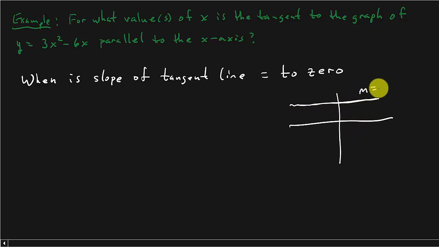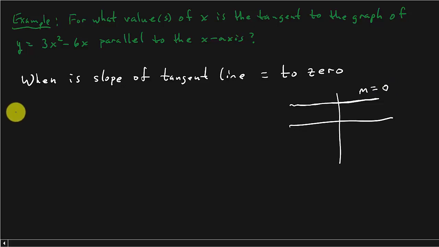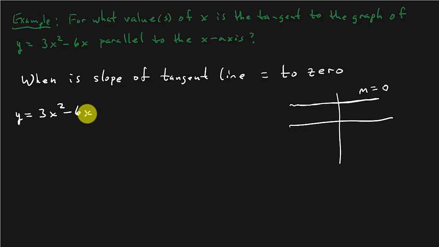We know the slope of a horizontal line is 0, right? So when is the slope of that tangent line 0? If we have y equals 3x squared minus 6x, when is the slope of that tangent line 0?